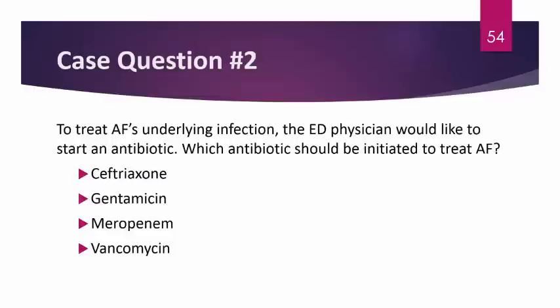So if you go back to what antibiotics treat urinary tract infections, you're thinking ideally gram-negative that does not require pseudomonal coverage. So the answer to this question would be ceftriaxone. Gentamicin and meropenem are a little bit overkill as they provide pseudomonal coverage as well as broad-spectrum gram-negative coverage, which we may not necessarily need, particularly the pseudomonas component.